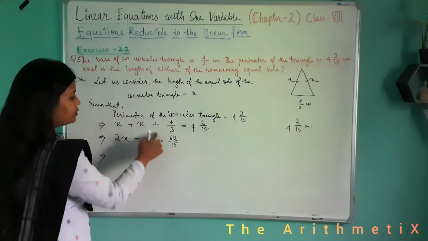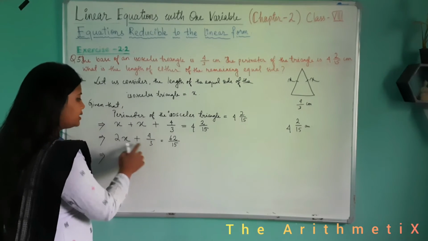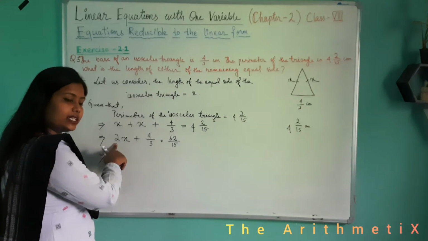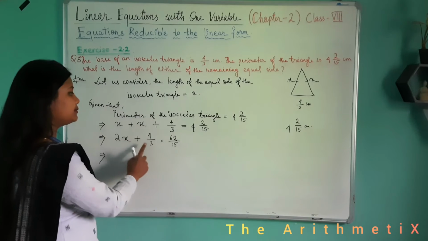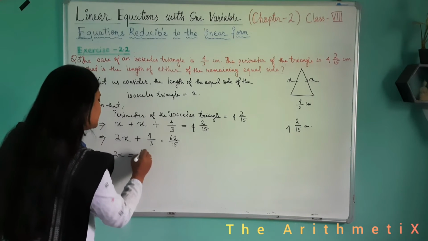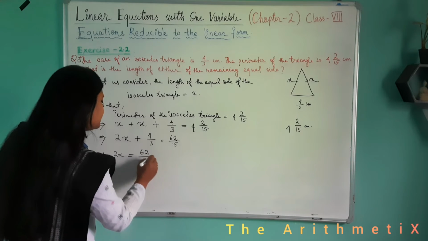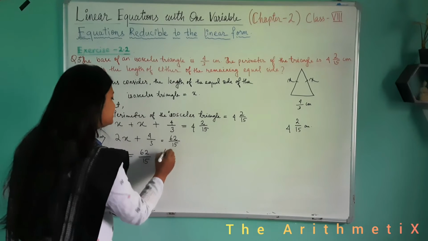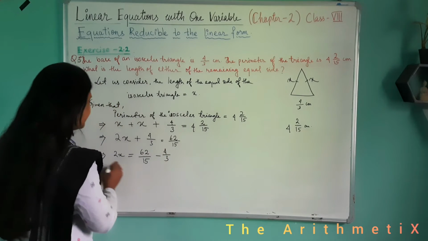Let us remove 4 upon 3 first in order to find x. As 2 is multiplied, it is very close to x. So the number that is far away is 4 upon 3. Let us remove that first. 62 upon 15, minus, as it was plus on the earlier side, this is to be minus 4 upon 3.